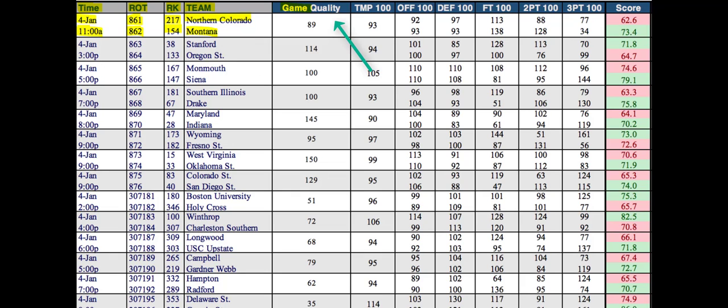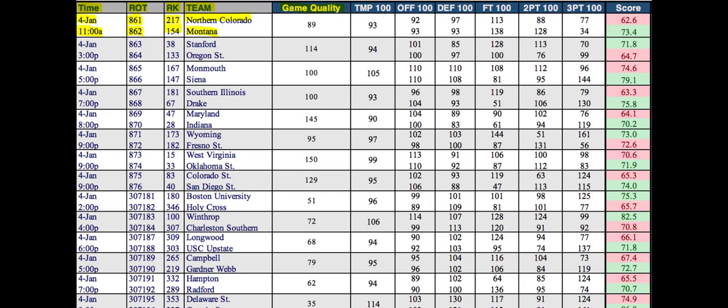Game quality is kind of a unique one. Game quality simply takes the ranking of the two teams and how high the teams are ranked, but also how closely they're ranked together. So everything at Clear Data Sports is on a 100-point scale, 100 being average. In this case, the game quality for more than 100 would be above average, less than 100 would be below average.